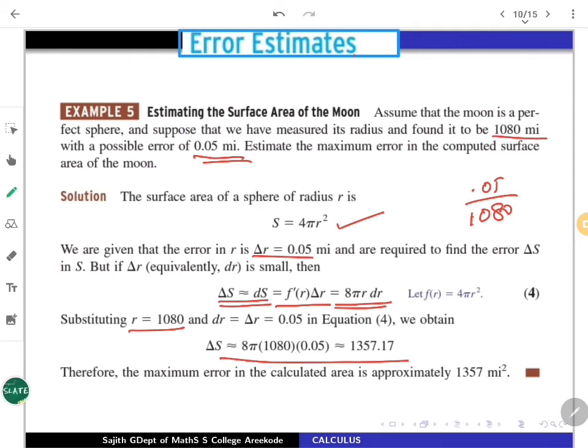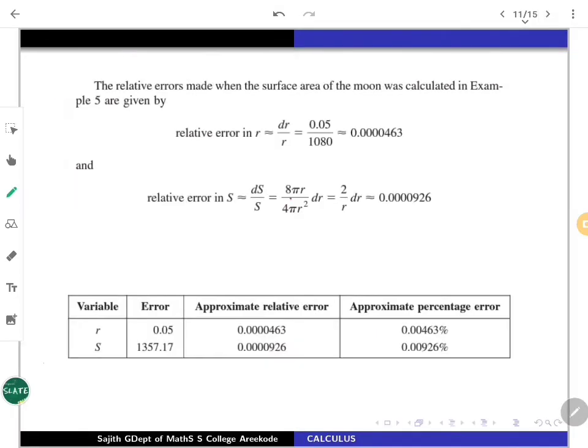A relative error in S also you can find out, obtained by dS by S, total S. So both these things we can work out, and it is easy to convey the things in numerals very well. So the relative error in r, that is dr out of r, is 0.05 out of 1080, which is given approximately like this.